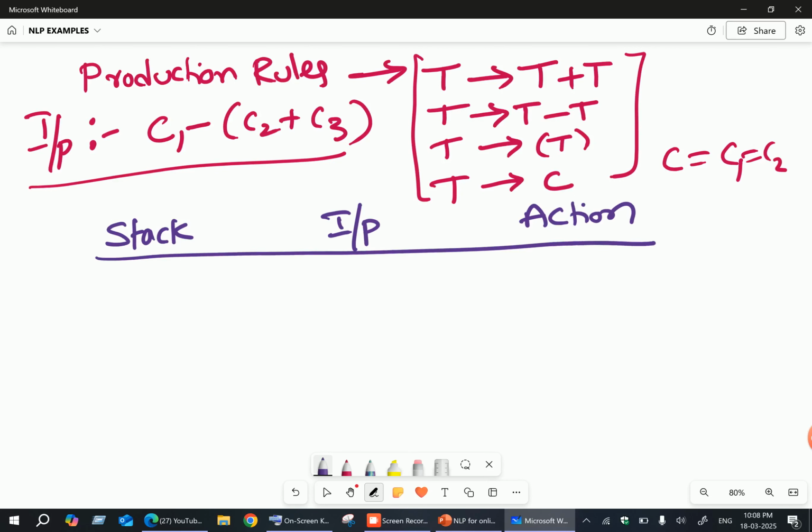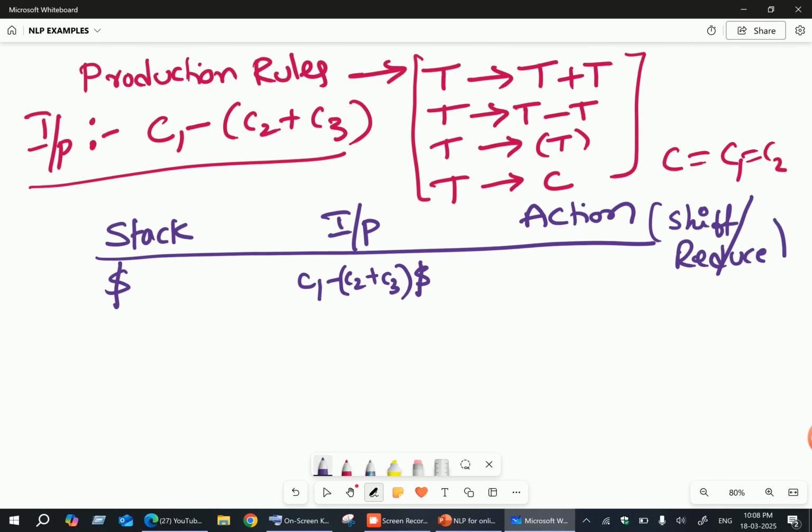The stack always holds the dollar symbol and our input sentence is C1 minus C2 plus C3 enclosed with the dollar symbol. The action may be a shift or reduce.